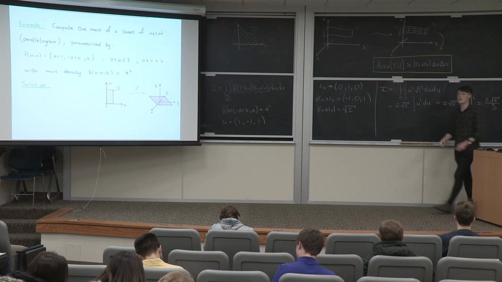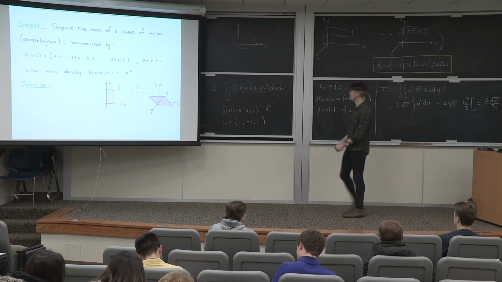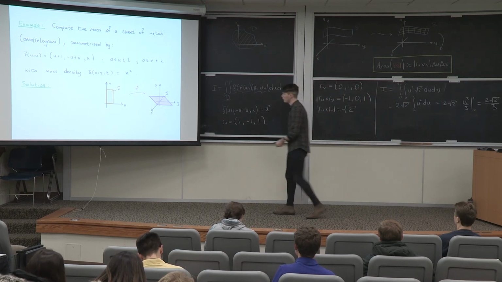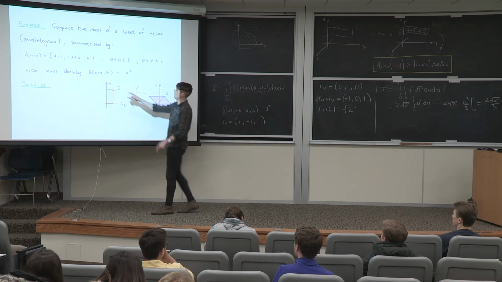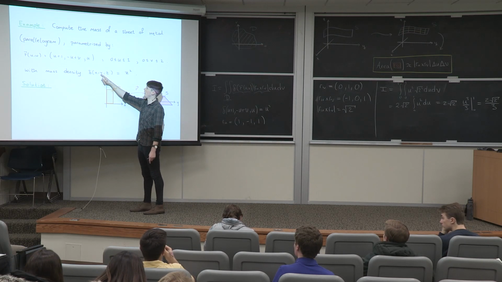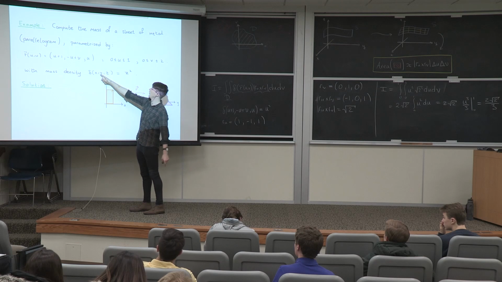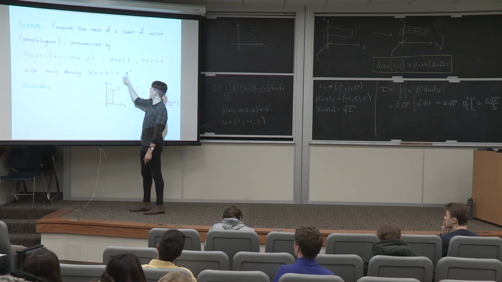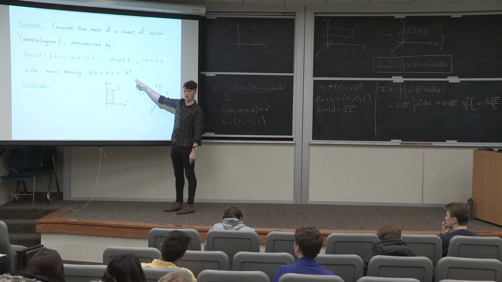Yeah. Just how did you get delta equals u squared? So delta of x, y, z, if you feed this thing a point in three-dimensional space, it looks at this and ignores it, looks at this and ignores it, and then it squares this. Does that make sense?